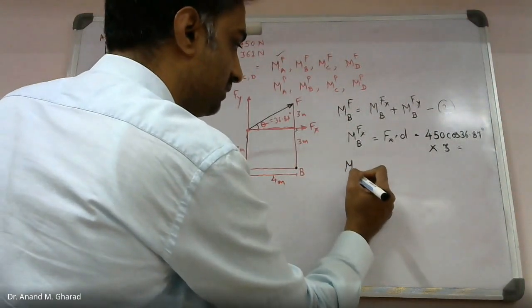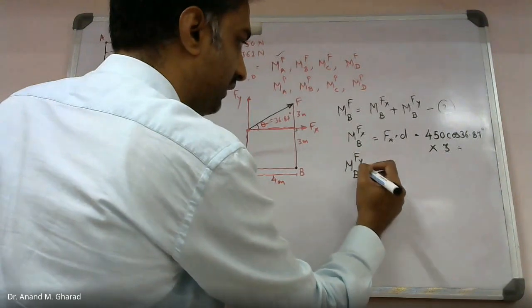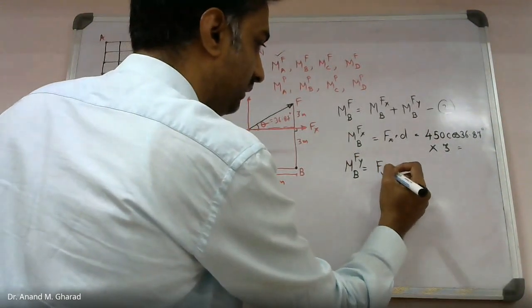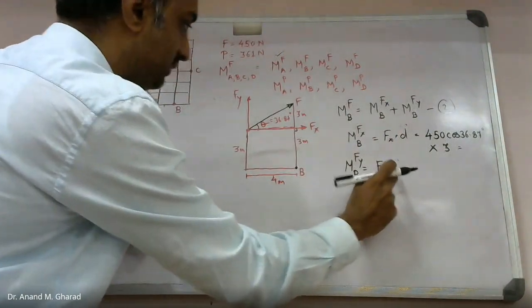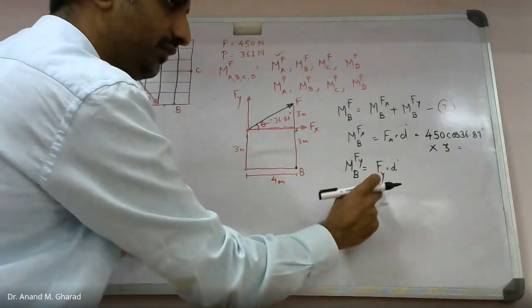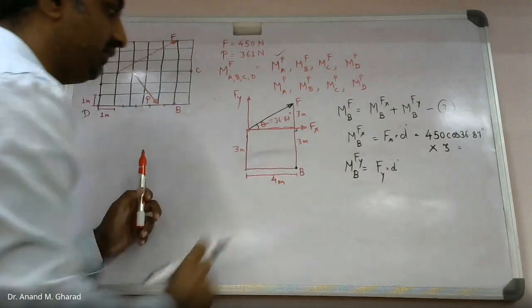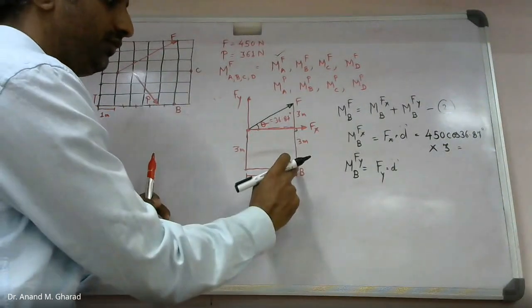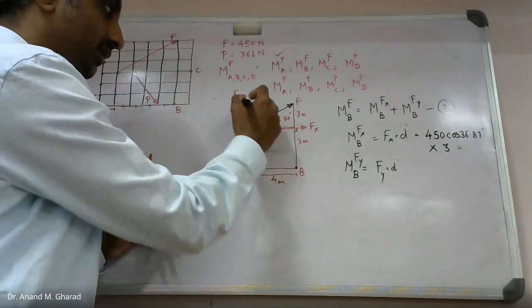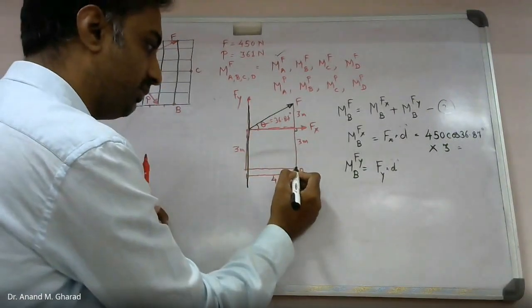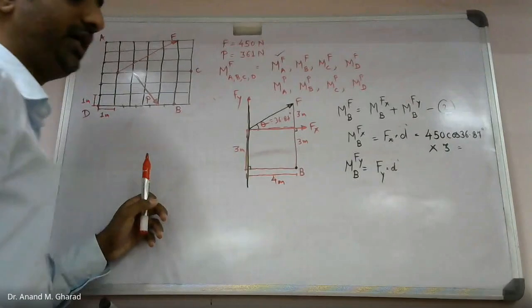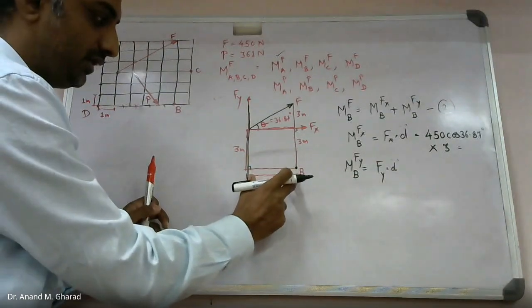Then the moment about the same point B because of Fy is Fy into D. What will be the D value associated with Fy? If you are taking moment about point B, I will extend the line of action of this force and drop a perpendicular from this point to the line of action of the force. How much is this value? 4 meter.